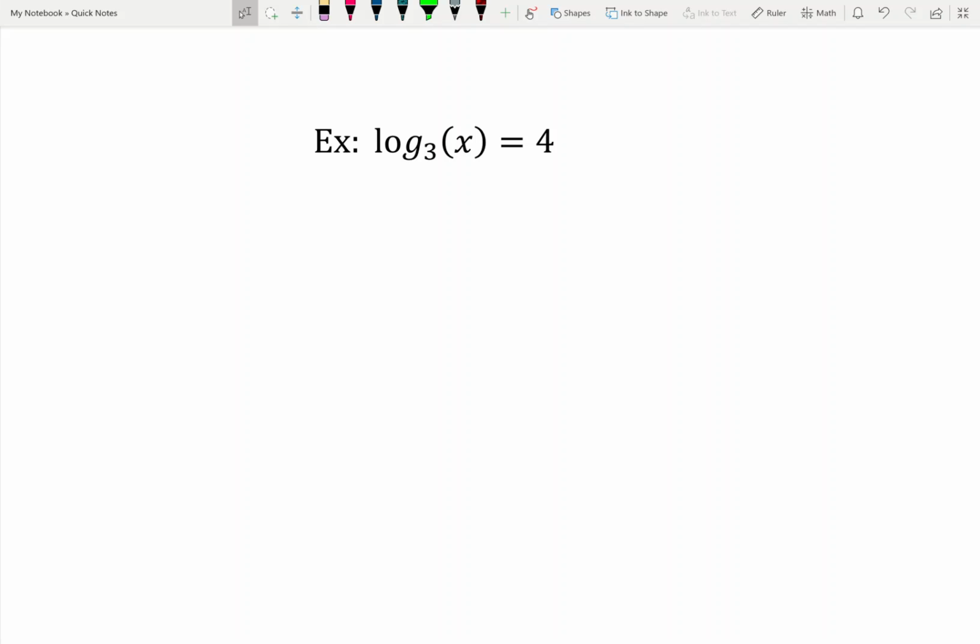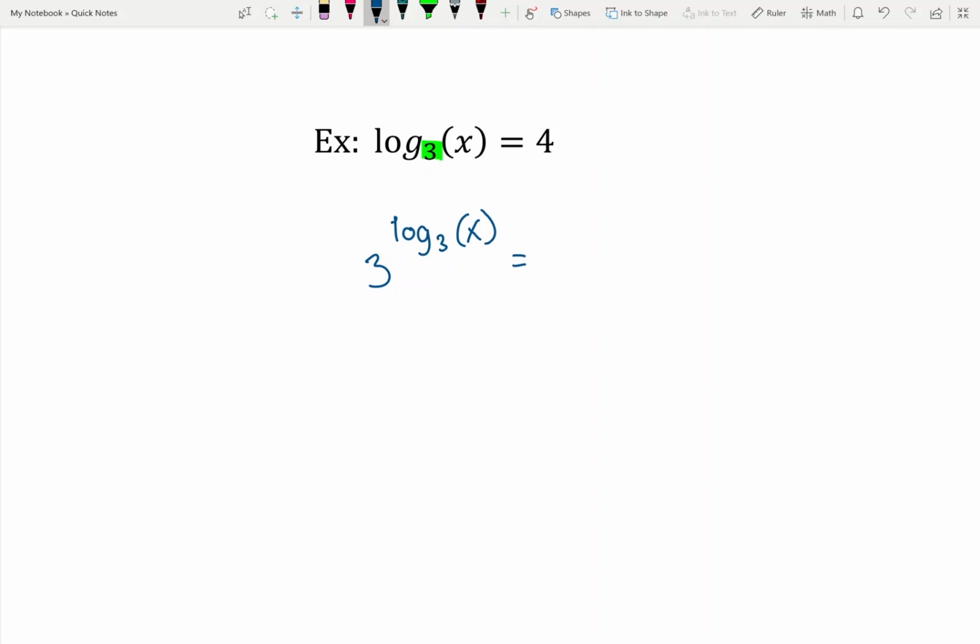So for this last one, I gotta undo this log function. So I have log base 3 of x equaling 4. I'm gonna undo that log by putting them both in the exponent of the same base, which is 3. So I have 3 raised to log base 3 of x.